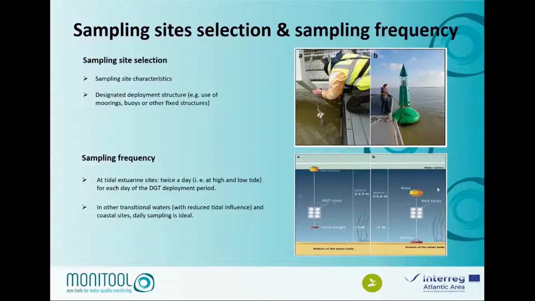We also need to ensure that the sampling site is suitable for DGT deployment, for example, having a designated deployment structure, use of moorings or buoys, or a fixed structure where the DGT assembly can be attached via rope with a weight at the end of the rope. The other option is to place the DGT assembly between a weight resting at the bottom and a buoy on the top in order to keep the DGT at the desired height.